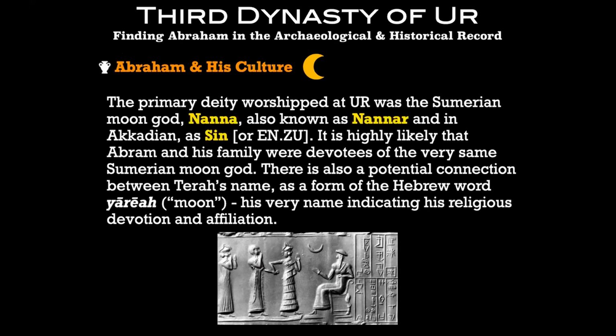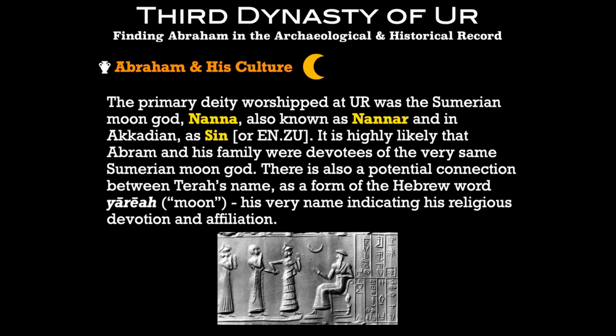There's also a potential connection between Terah, Abraham's father, and the Hebrew word Yereah, or moon, with Terah's name indicating his devotion and affiliation. At the bottom you can see a cylinder seal of the worship of Nanna, the moon god. So pretty cool connection there.